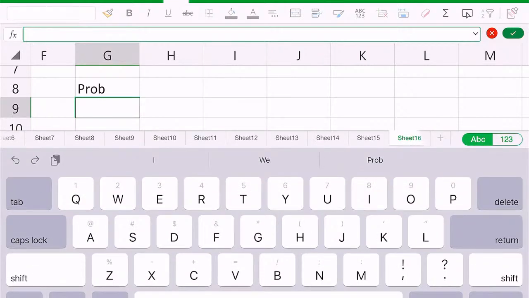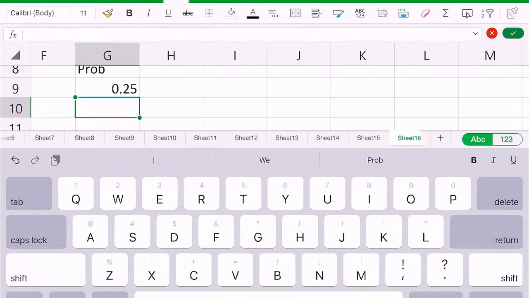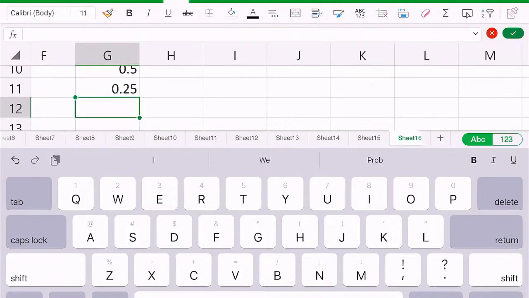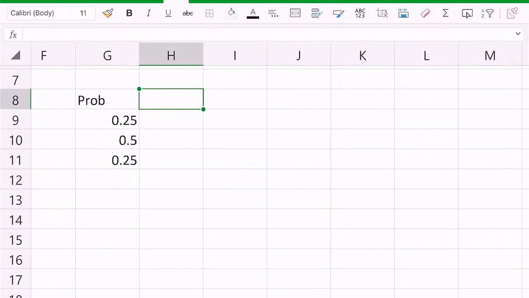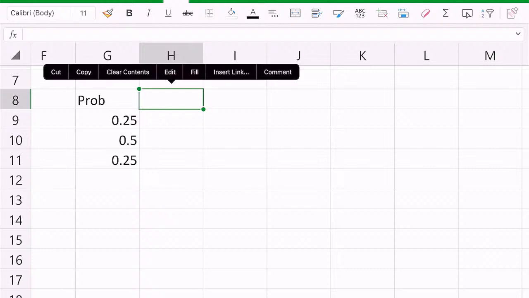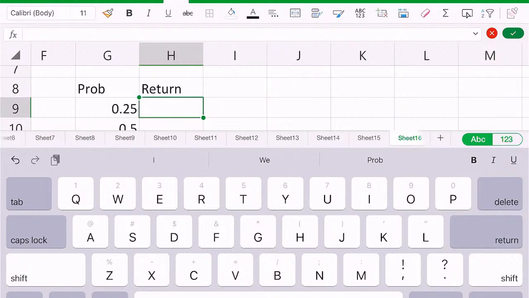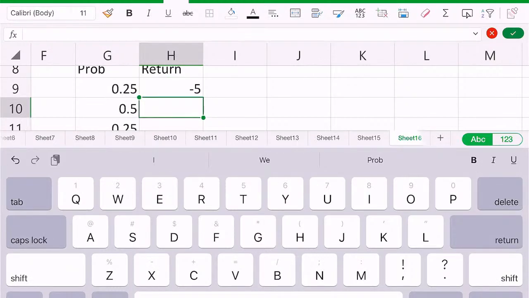Okay, so the probabilities are 0.25, 0.5, and 0.25. And the outcomes, the returns, are negative 5%, 15%, and 35%.